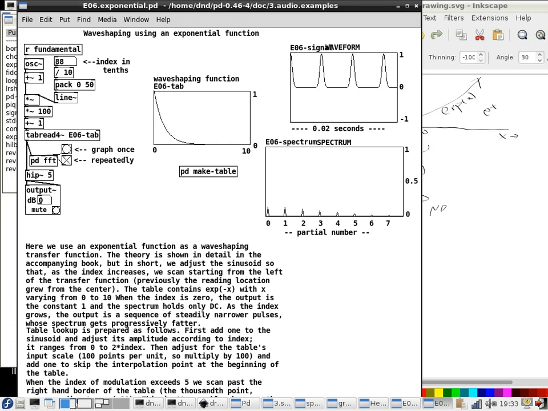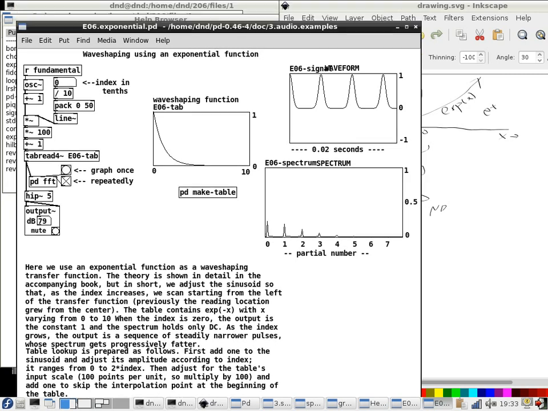So this is a way of doing pulse width modulation. And furthermore, it sounds like pulse width modulation, sort of. The respect in which it doesn't sound like pulse width modulation is that classical pulse width modulation is done with rectangular pulses.